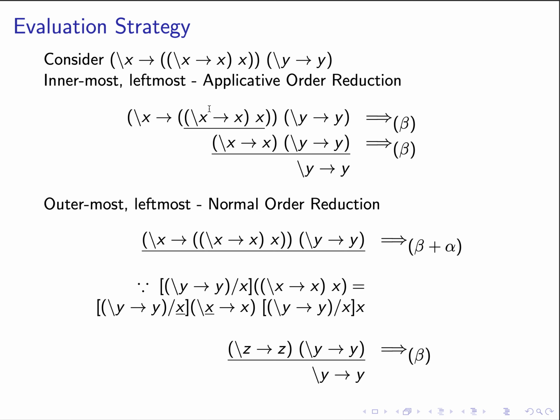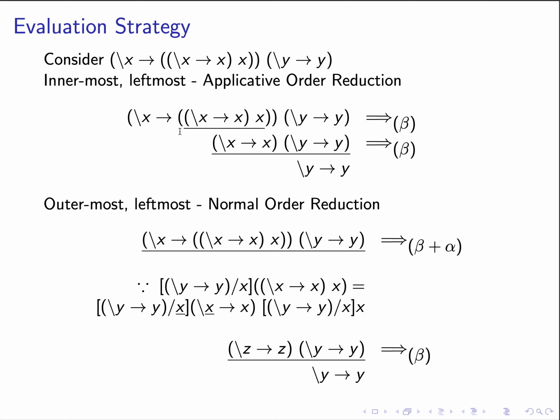Consider this lambda program. We have an application of a lambda abstraction to the second one, which is lambda y. y, and the first one is even more complicated because it has some nested abstractions inside the function body. Let's run this program using the innermost leftmost strategy, which is applicative order reduction.